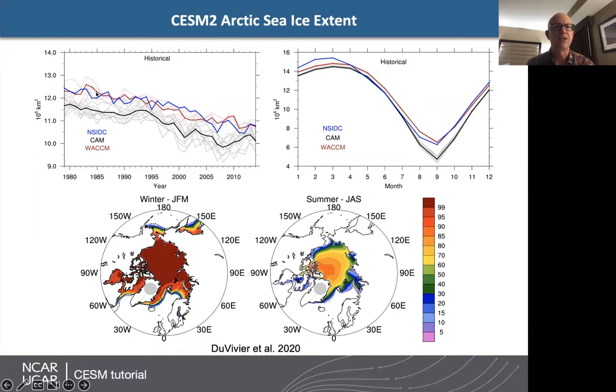And you can see here that the NSIDC is in blue, this curve, and then the red curve is a suite of the simulations that were done with the high top version of the atmosphere model. And actually, we're capturing the general trend of the NSIDC quite well in terms of the area.